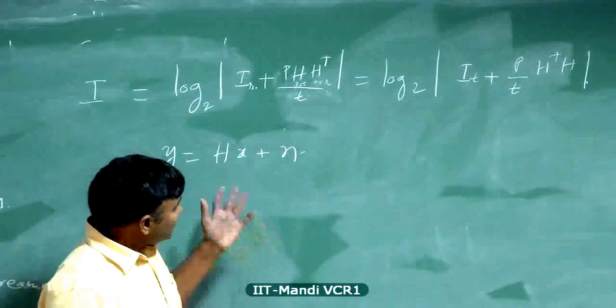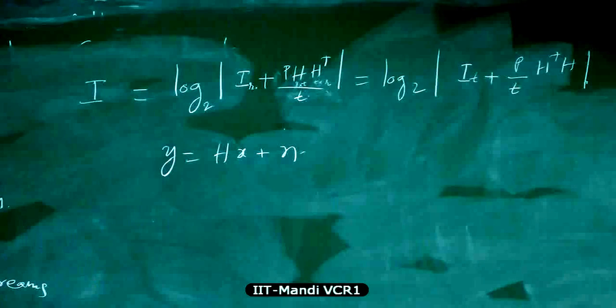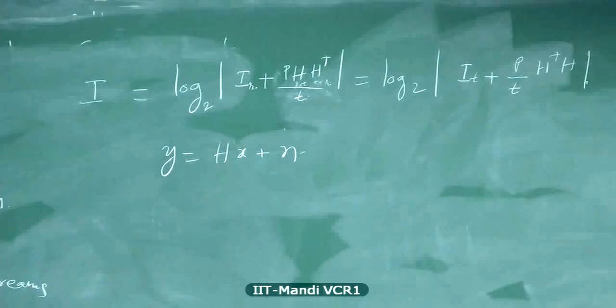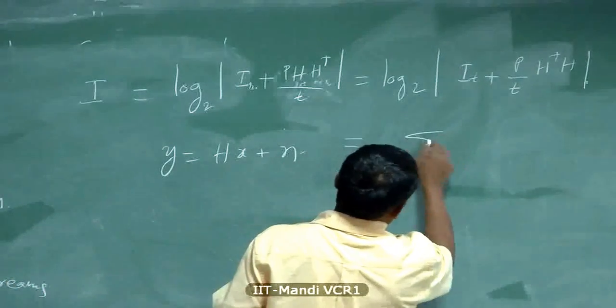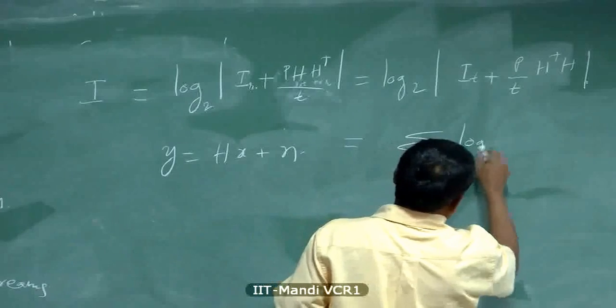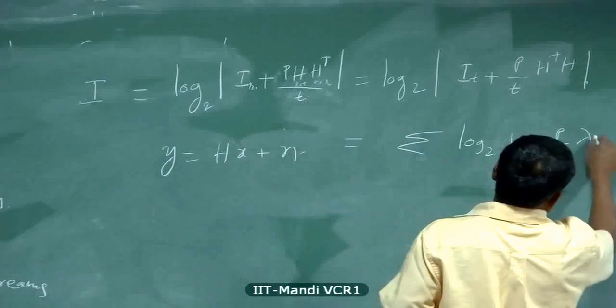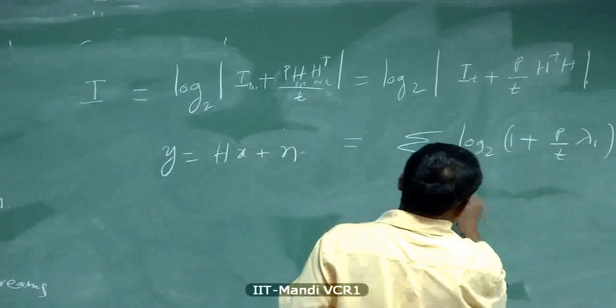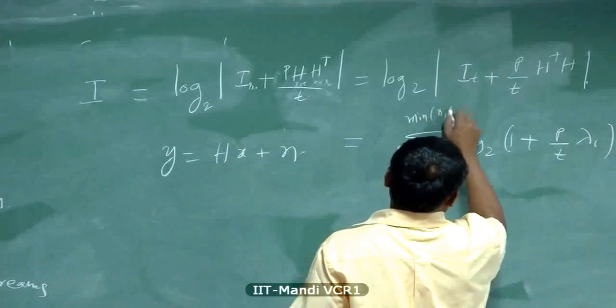Okay. The nice thing about this is, you have seen something like this when the transmitter knows H. Where was it? Well, let's see. This can be written as summation over log base 2 of 1 plus P by T lambda_i, where i goes from 1 to min(R, T).